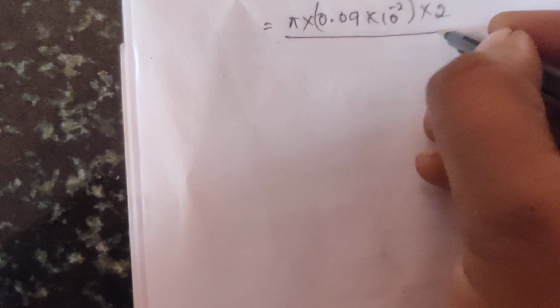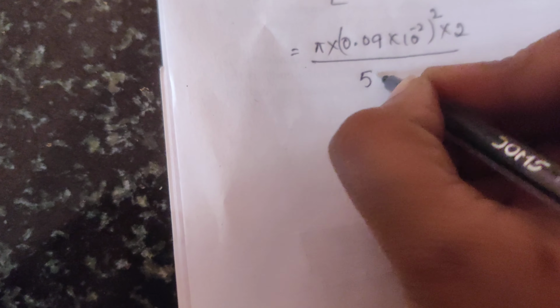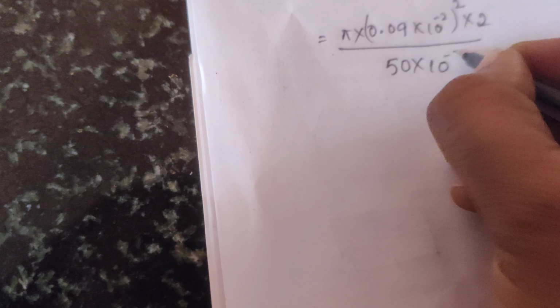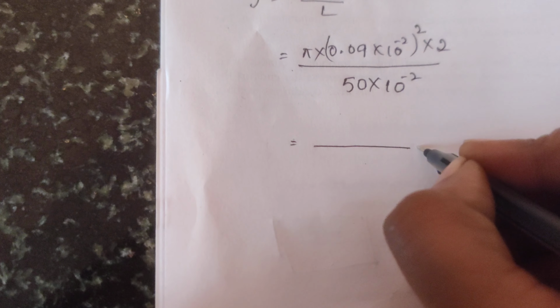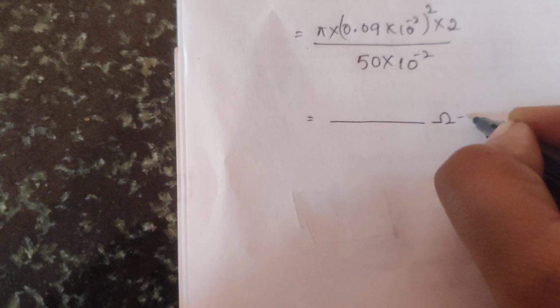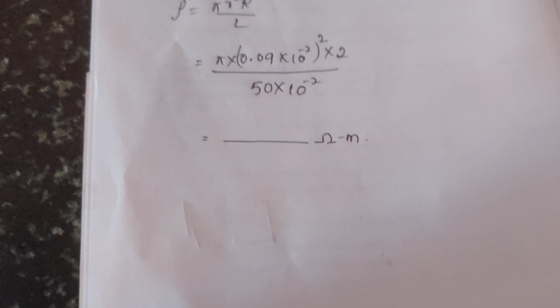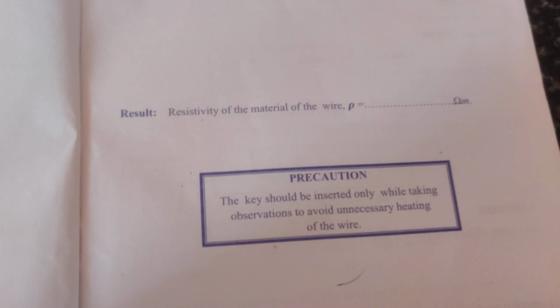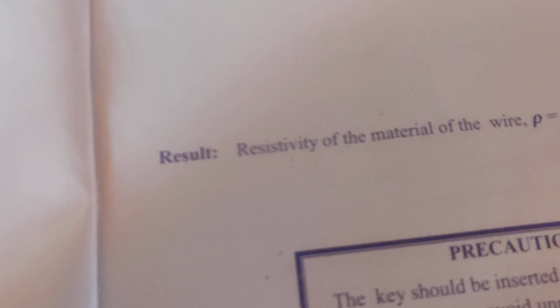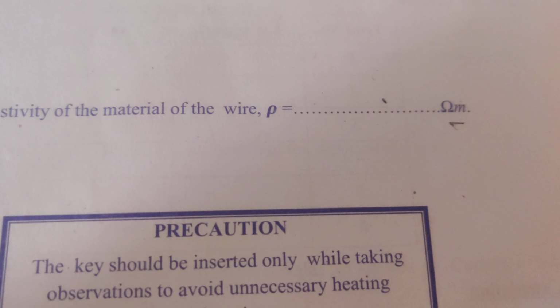So 2 divided by 50 centimeter, 50 into 10 power minus 2, I am converting centimeter into meter. Now we will do the calculation and keep the value of resistivity in ohm meter. So this is about the first experiment, and the result we will note down in ohm meter. Whatever answer we get here, the same thing we will note down here in terms of ohm meter.